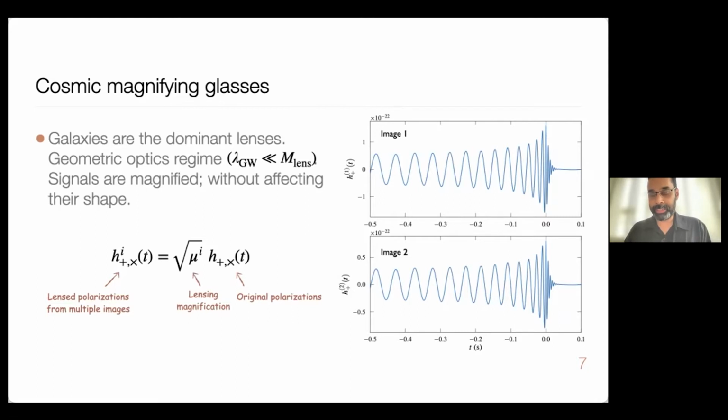All we can measure is a relative time delay between images. Once you have established that these two copies of signals are lensed copies of the same original gravitational wave signal, we can measure the time delay between them, which contains some imprints of the lens mass, geometry, etc. I see. Thanks.